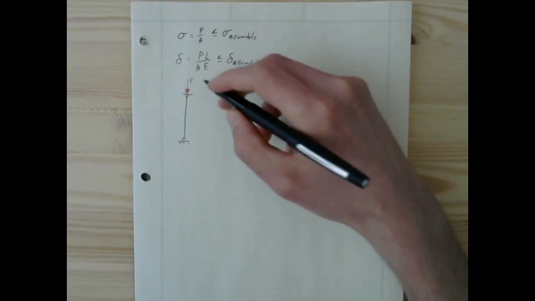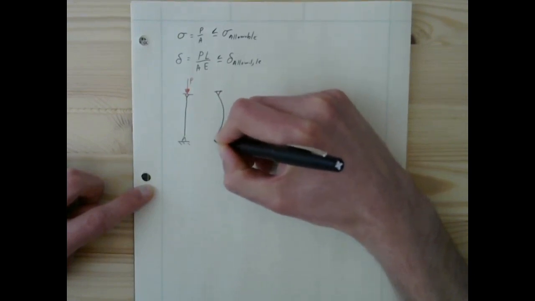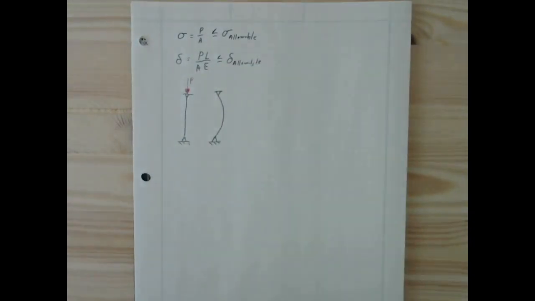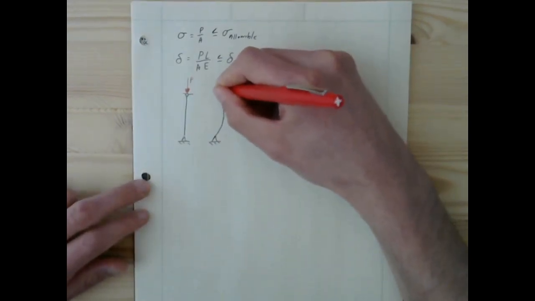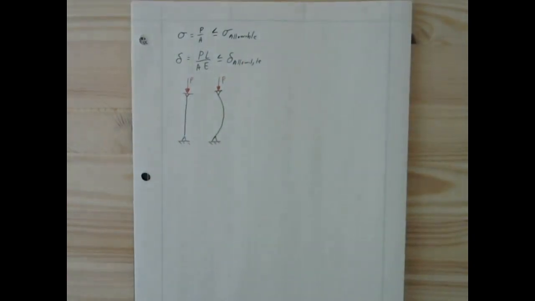Well, it doesn't necessarily have to be pinned, but it sure makes for a nicer drawing. This is a sudden release of the force that will cause a sudden failure in the column. So it's a particularly bad failure state.